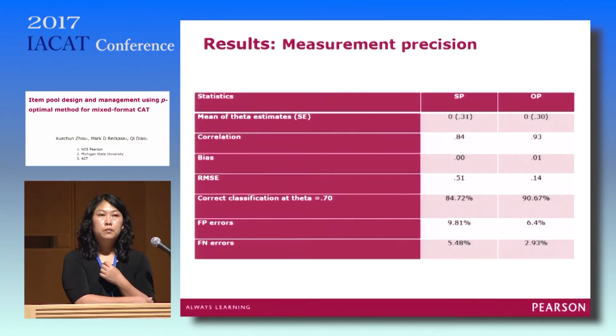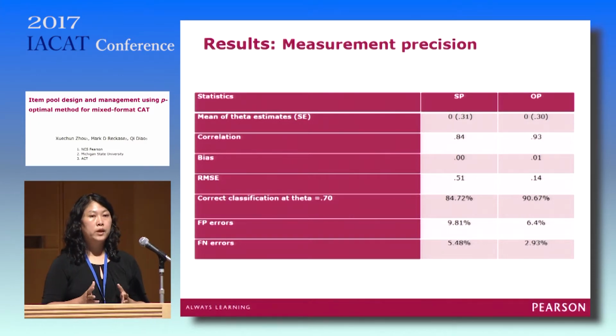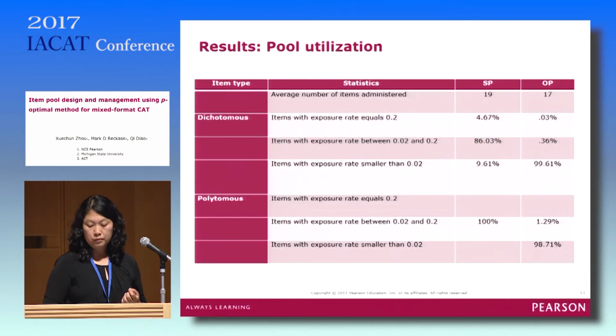But that isn't really the point. It isn't really fair to compare the simulated pool to the operational pool, because the operational pool has a lot more items and is comprised of fixed linear forms. My understanding is that the point is to look at the simulated optimal pool, see that it behaves the way you anticipate, and that you can accept its performance.